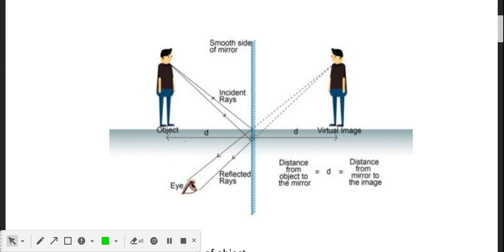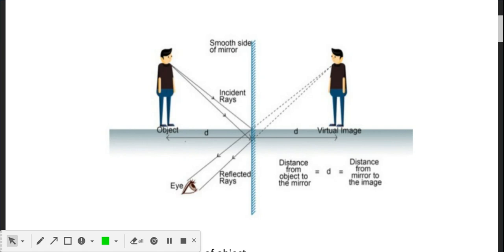Now the rays are going forward, but what we do is stretch this dotted line behind the mirror, because an image is never formed outside the mirror, the image is formed inside the mirror. And that is the main reason behind this: because some rays are absorbed by the mirror, as I have already told you, these rays we extend at the backside of the mirror and a virtual image is formed.